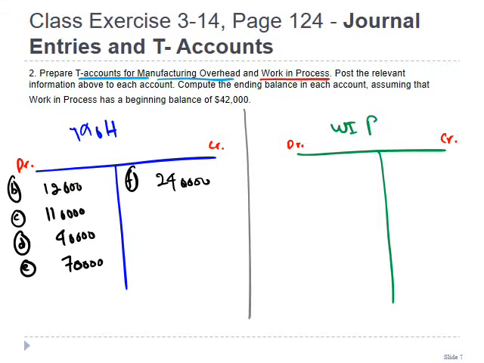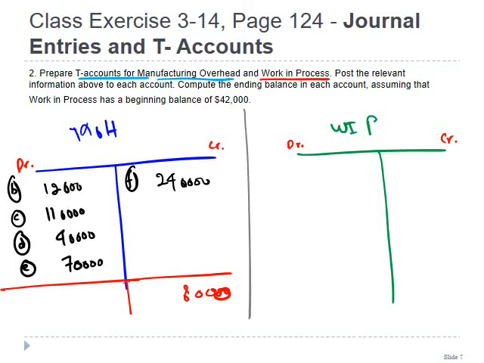So when we balance it out, this would be totaled. The balance here would be 232,000 total, and this is 240,000. So the balance that would be carried forward here is 8,000.